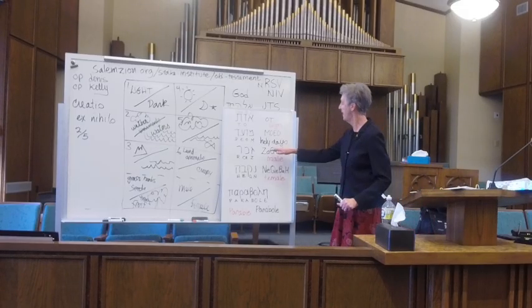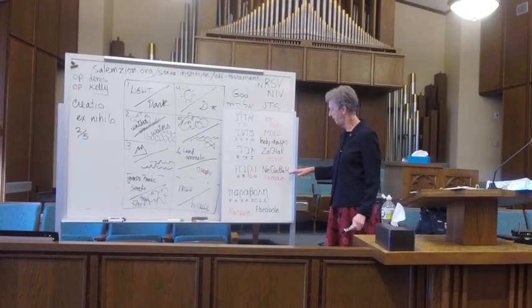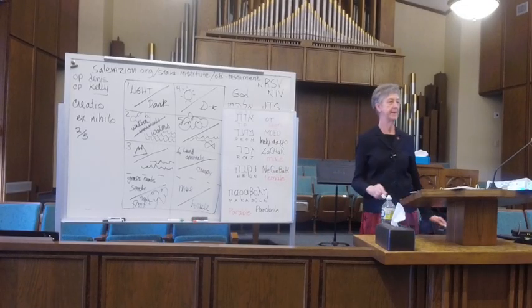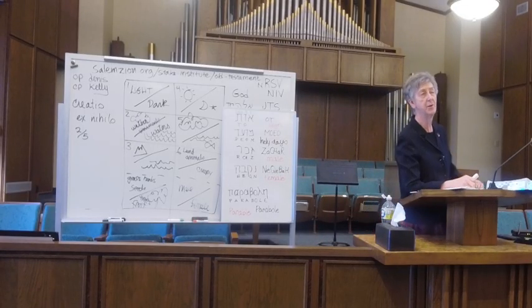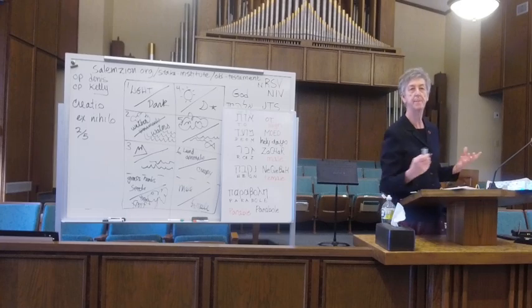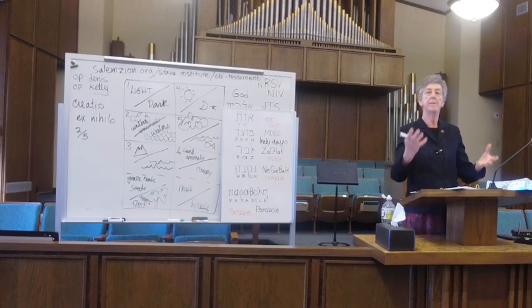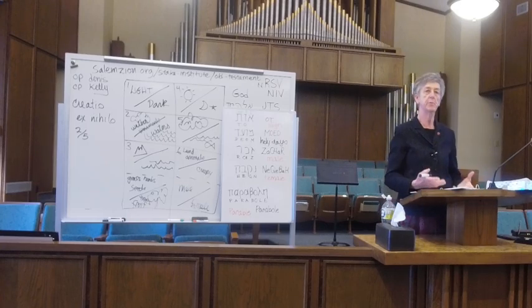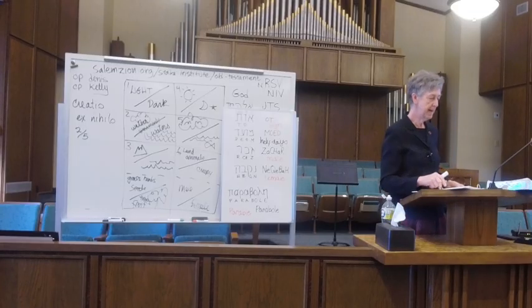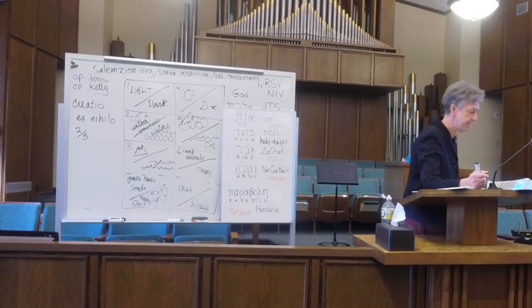Okay, so that's male. Female is the word nekeba. This is a very interesting word. It means having a hollow place. Good description of female. And so the very first terms used for human beings is male and female.